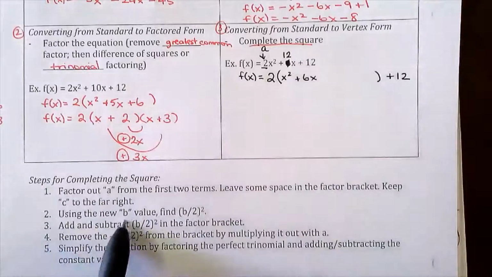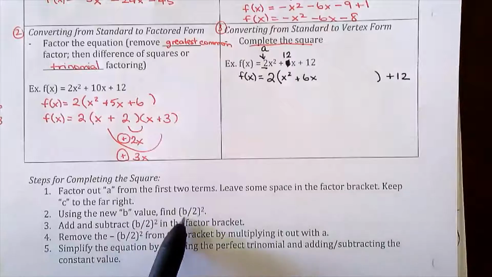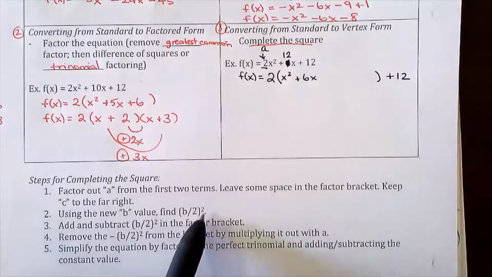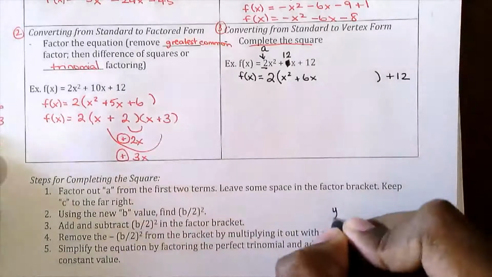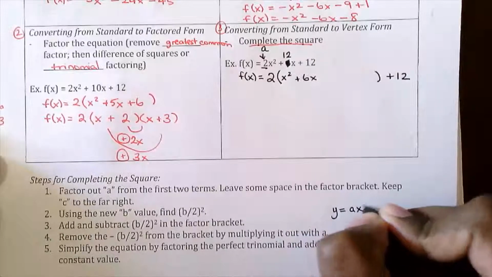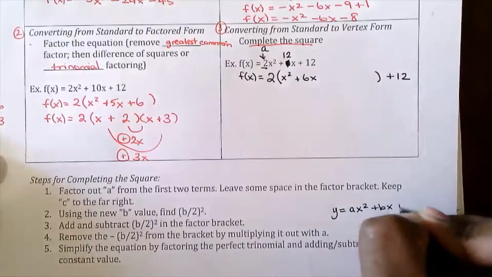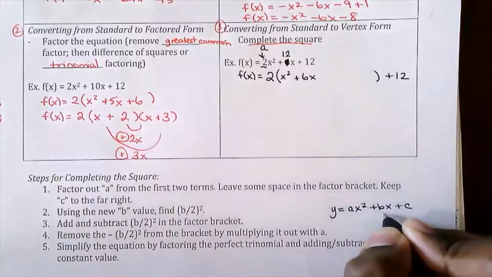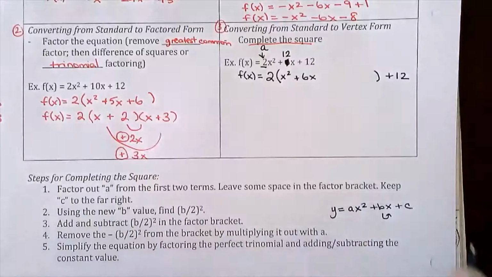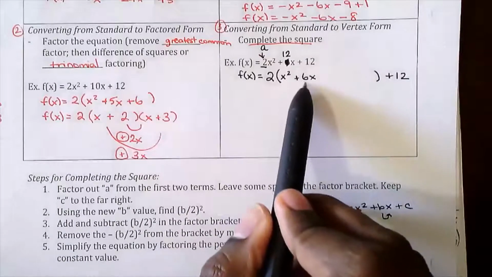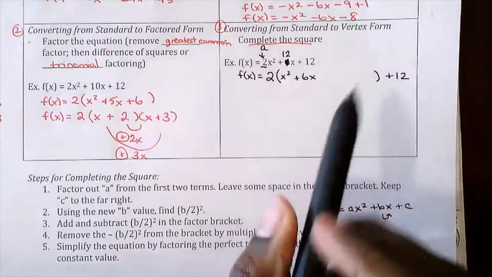Step 2, using the new b value, find b divided by 2 squared. So just a recap, if I have something in standard form, the b is whatever value is attached to my x. In this case, my b value is equal to 6. So we're going to do this on the side.